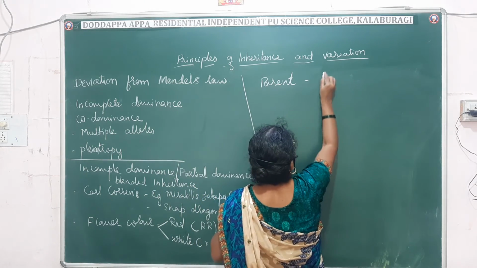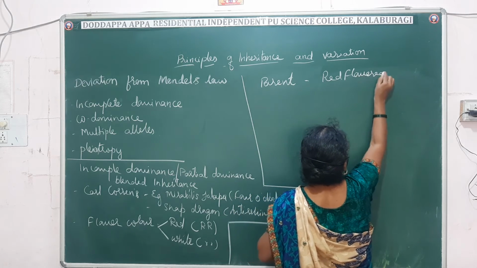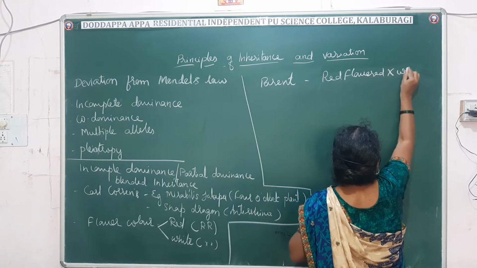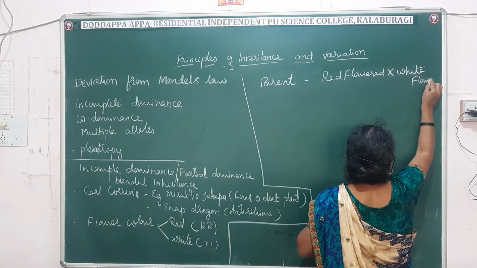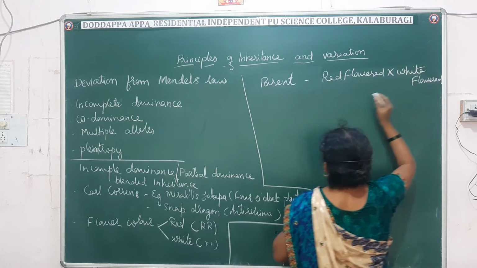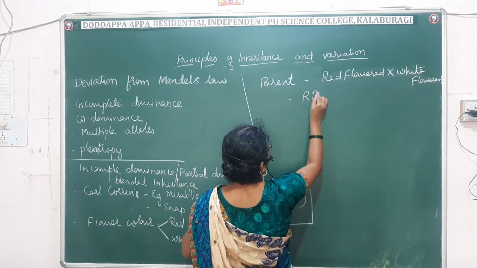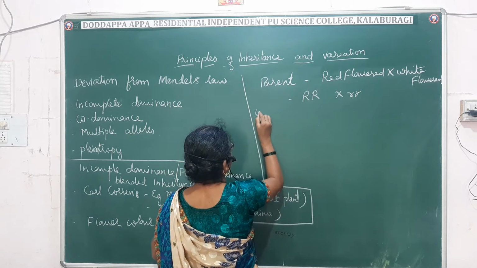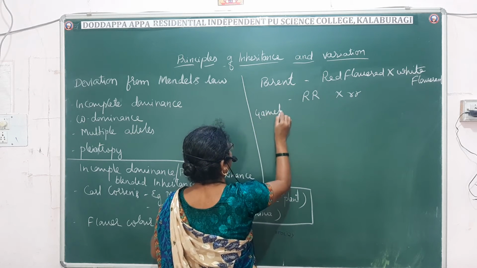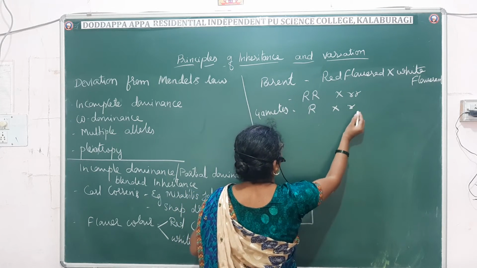That is red flowered plants and white flowered plants. Let us write the genotype, gametes, capital R, small r.